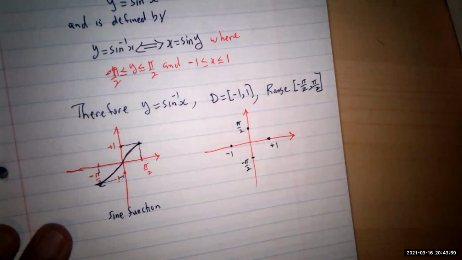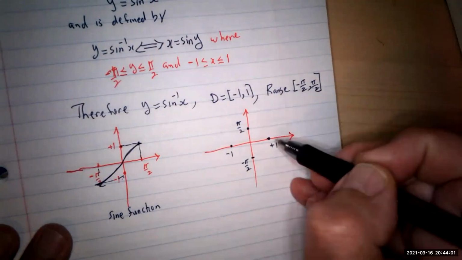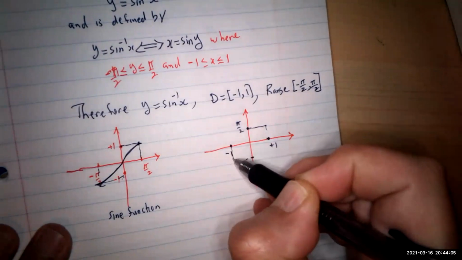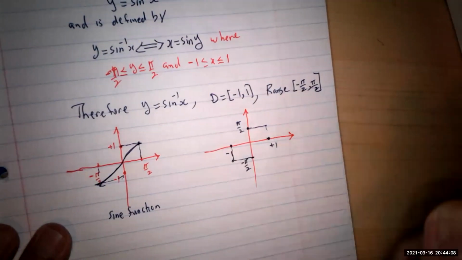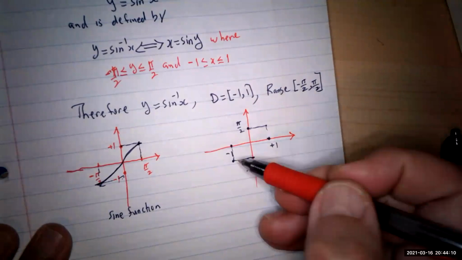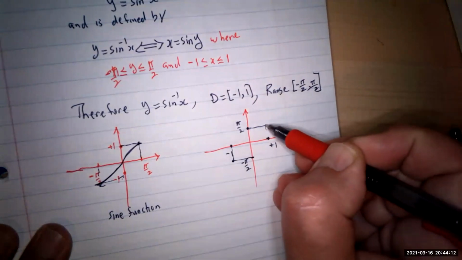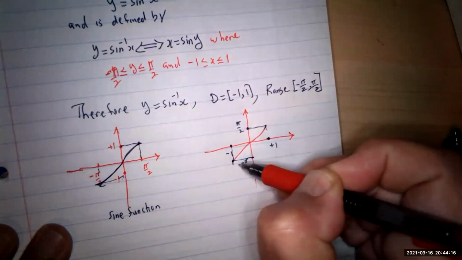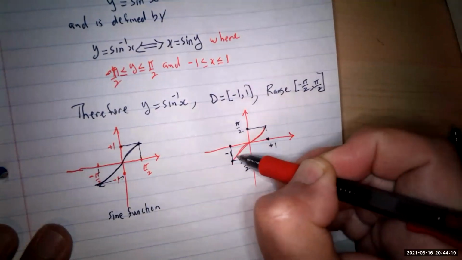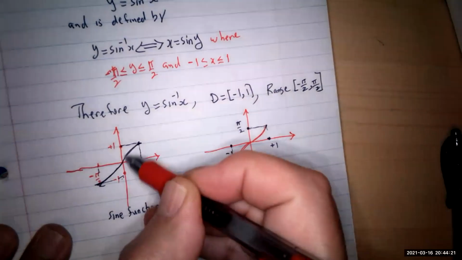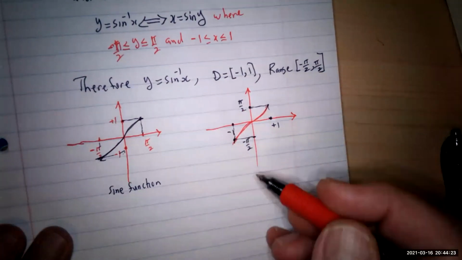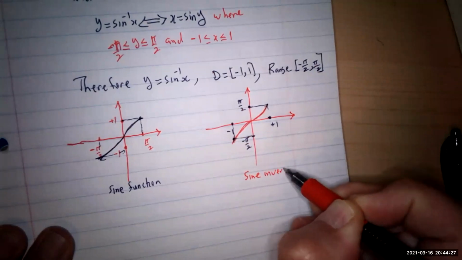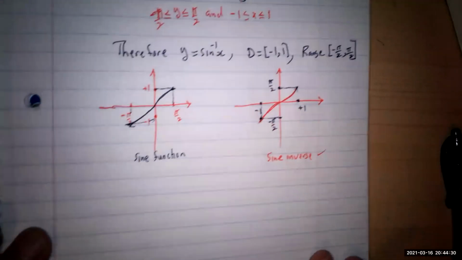Now the points that we did over there are going to be here now. This is going to be one point, and this is going to be another point. So it's going to be like the other one, but the shape is going to be different. This is the sine inverse graph.